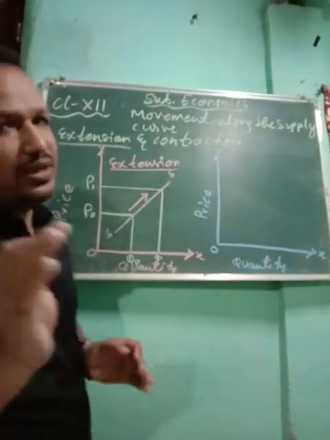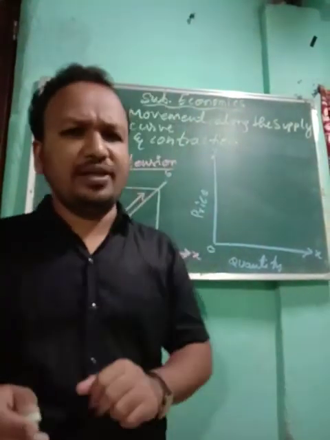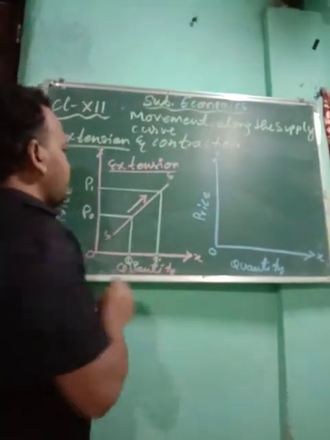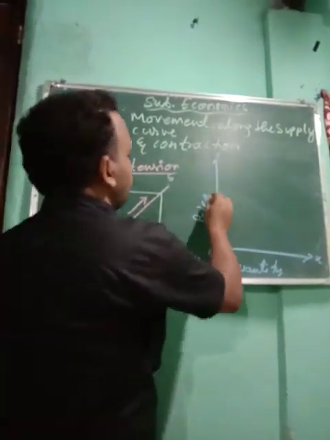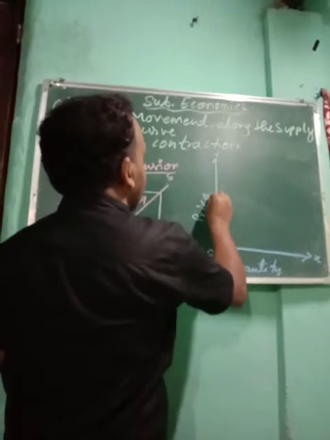Contraction will take place when there is a reduction in the price. So here we are going to start with the first price. Suppose I am starting with P.